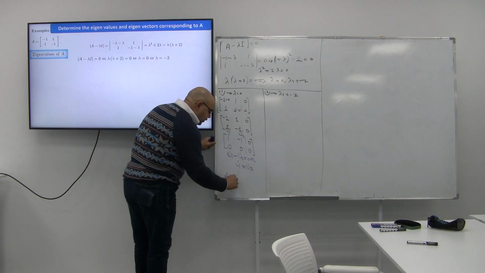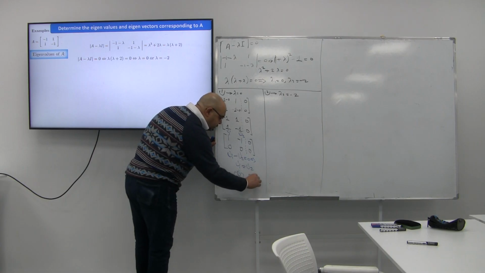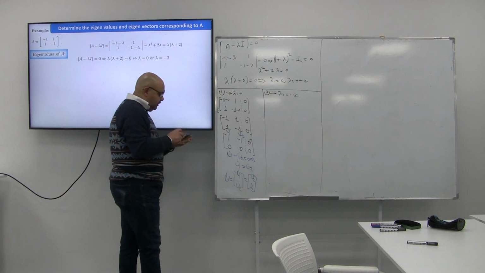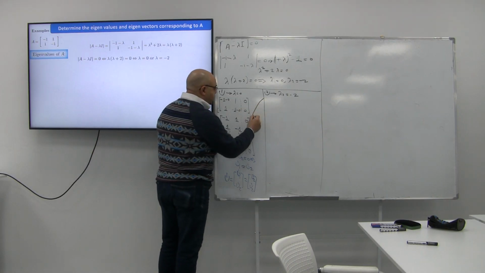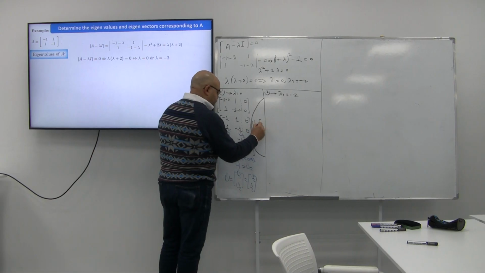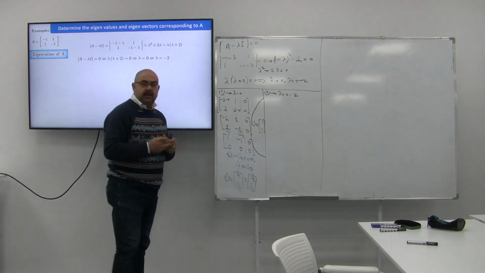So the first vector will consist of two components, u1 sub 1 and u1 sub 2. Make the substitution, which is going to be u12 and u12. That's the first vector: u1 will equal 1 and 1. This is the first vector.